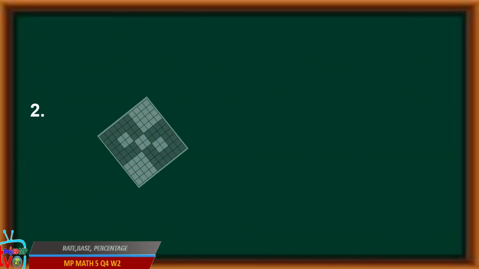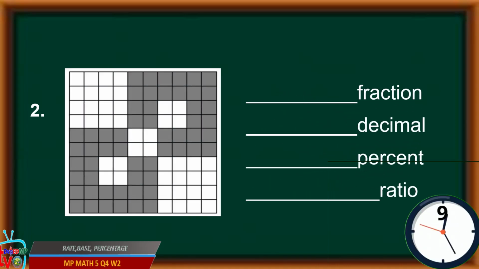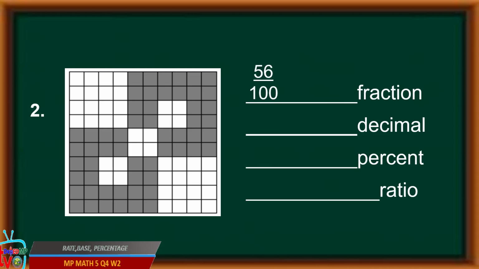Number 2. The answers are 56 over 100 because there are 56 squares shaded. Reduce it to its lowest term.